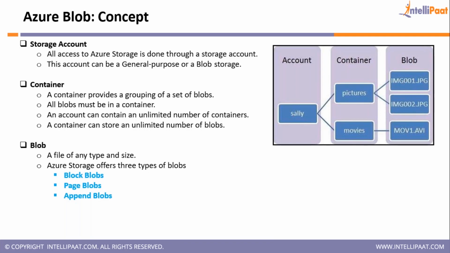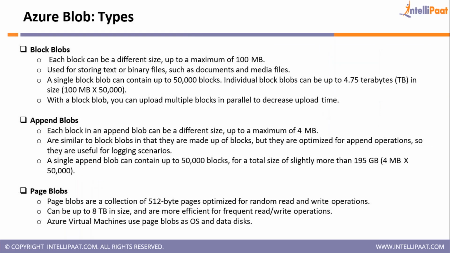So what is the size of the block blob? All the information is in the slide itself. Within a block blob, you can have separate unique blocks. Each block can be a different size up to a maximum of 100 MB. So this is the limitation at the block level. Used for storing text or binary files such as documents and media files, a single block blob can contain up to 50,000 blocks.